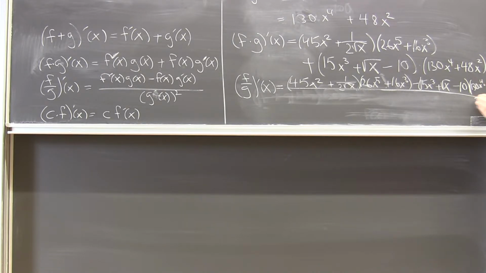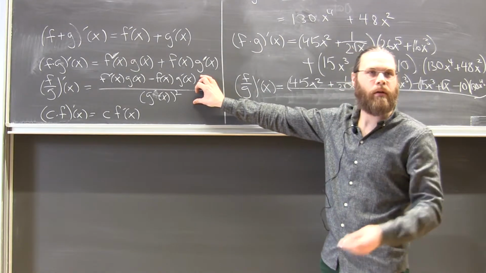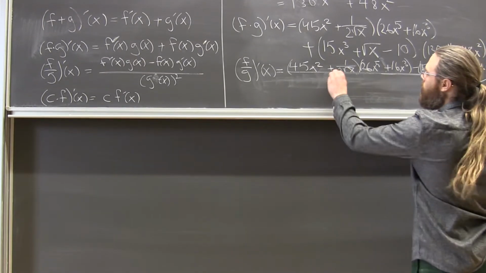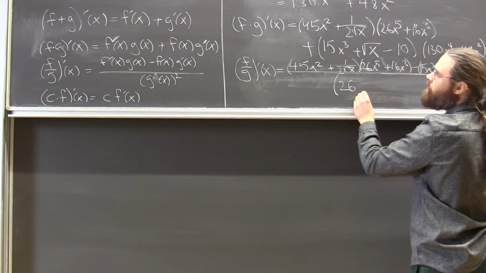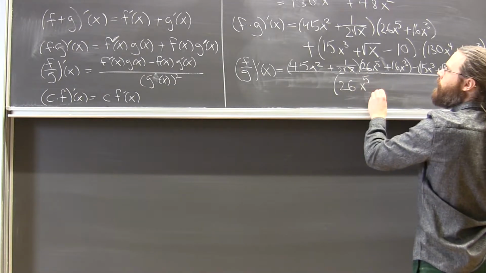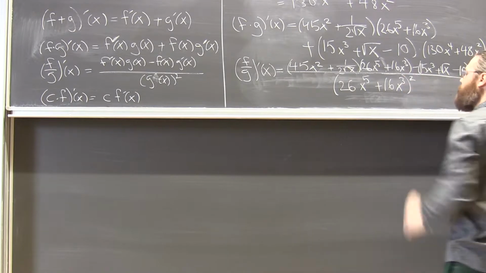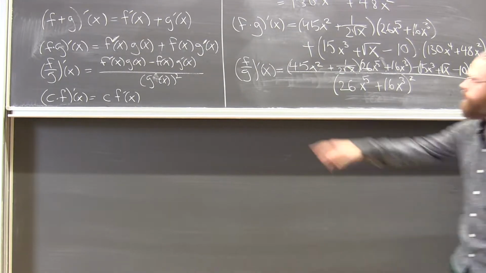I mean, it's written up here, right? I'm just trying to illustrate that it may look complicated, but it's just going forward as you're taught to write. There's nothing difficult about it. And then everything divided by g squared, right? So it's 26x to the power 5 plus 16x to the power 4. And there you have it. So this is the derivative of this horrible function.